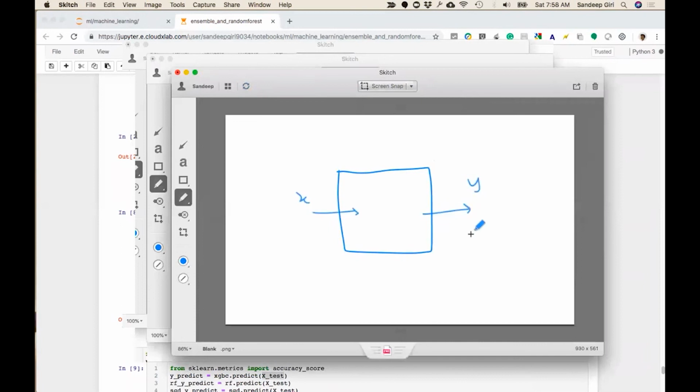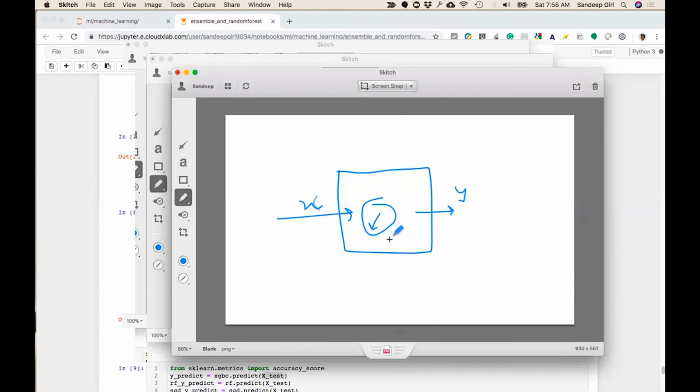Now, what we want to find out is... So if we have y, we have x, and we have some knob here that we can tweak.